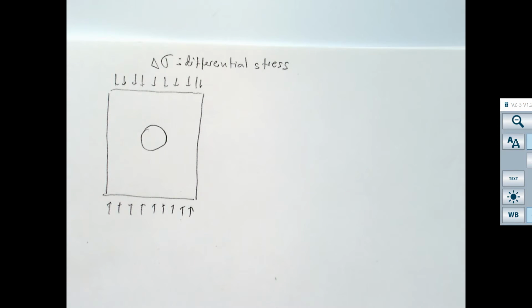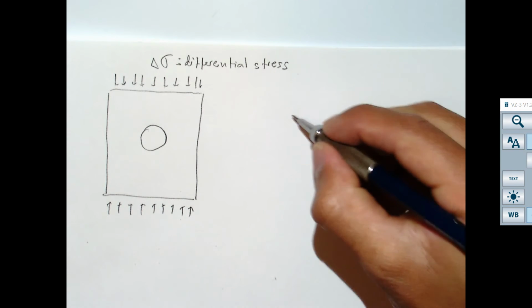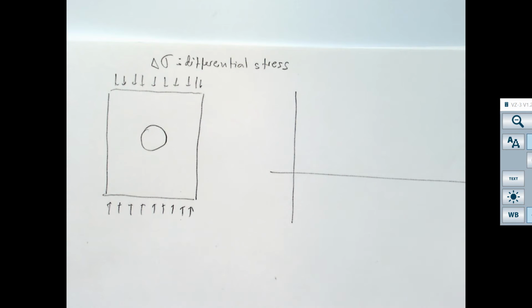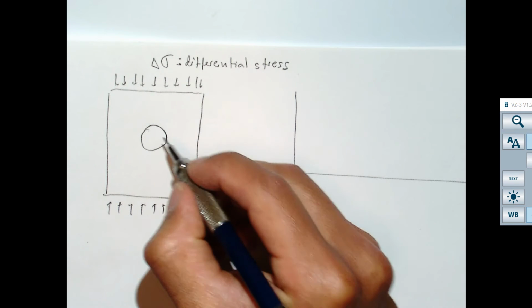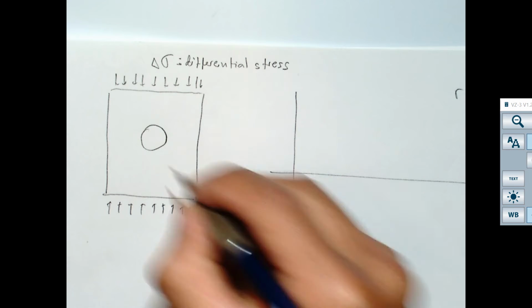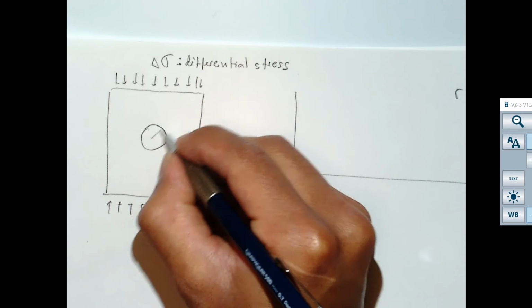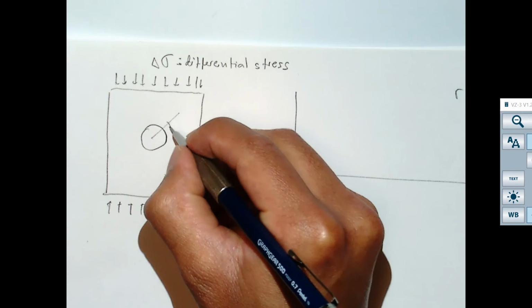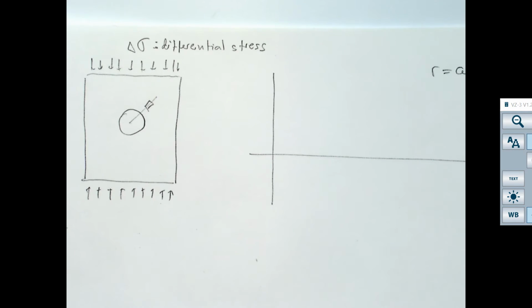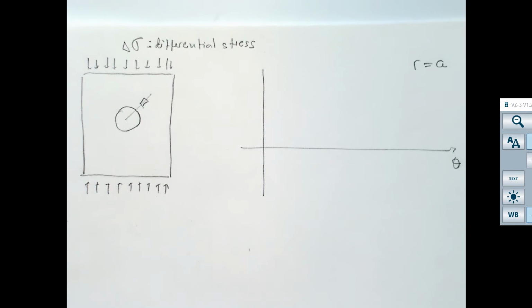Okay, so what is going to be, in this case, the radial stress? On the wall of the wellbore. Let's do it on the wall of the wellbore. And there is no fluid inside. There is nothing inside. It's going to be 0, right? And what do you think is going to be the hoop stress?